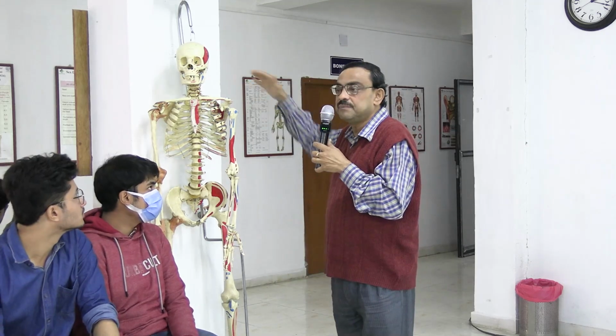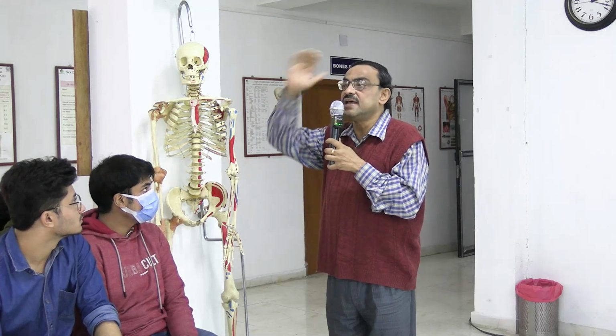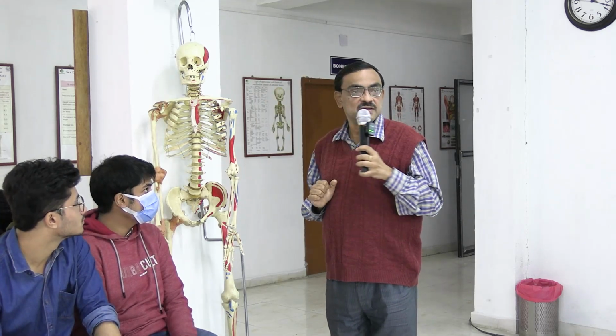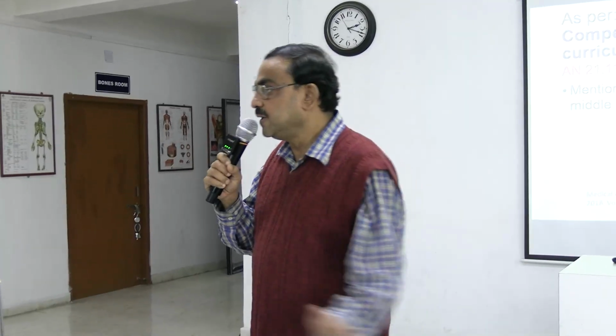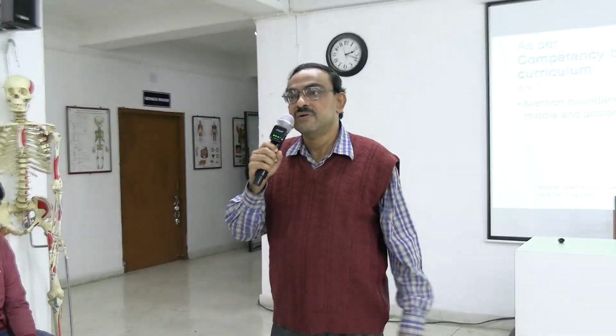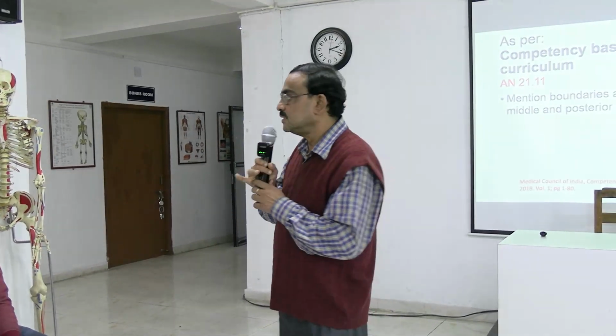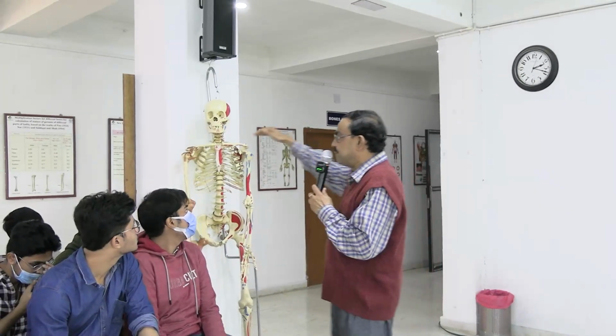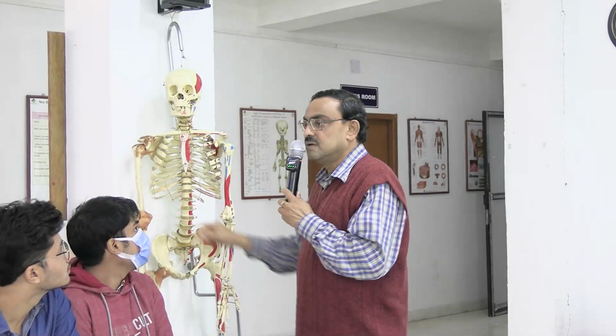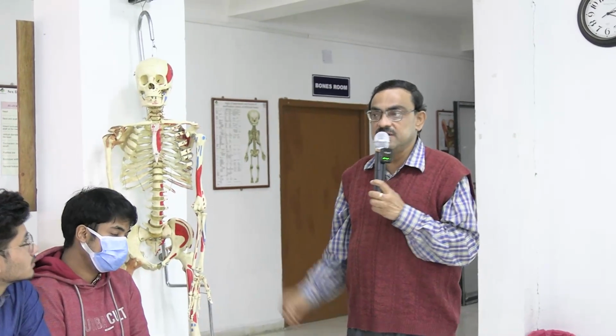We can divide the mediastinum by this imaginary plane, passing through the junction between the manubrium and the body, and behind by the lower border of T4, into two parts.